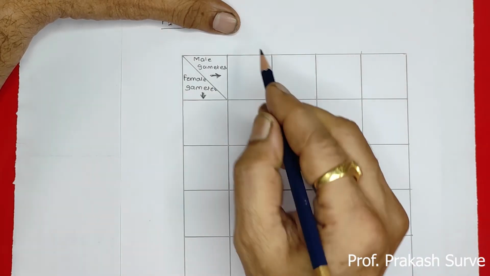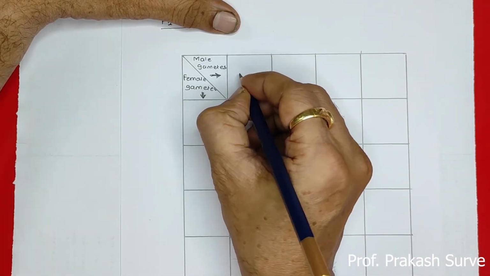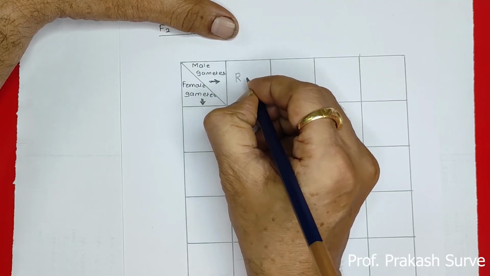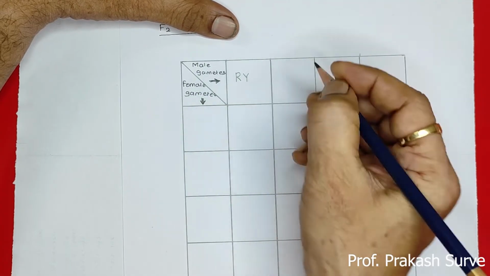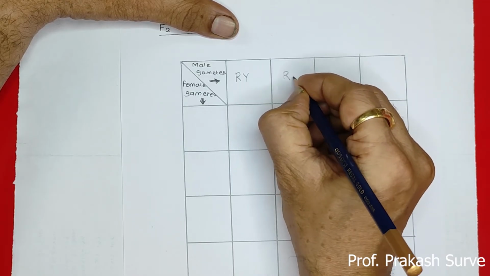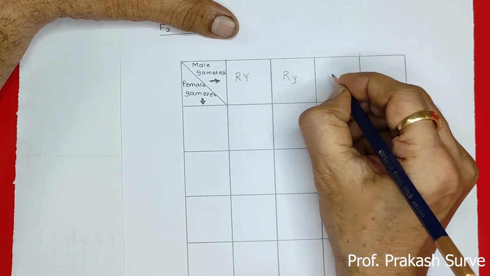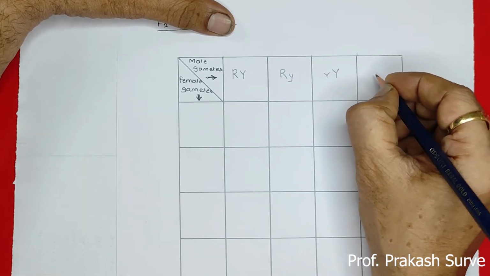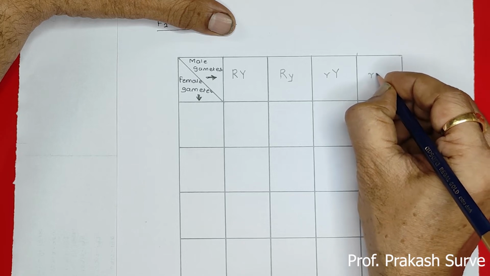For the male gametes, we'll just copy here: capital R capital Y, then capital R small y, small r capital Y, and small r small y.